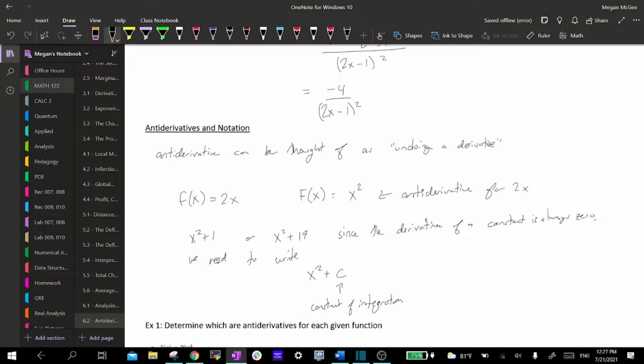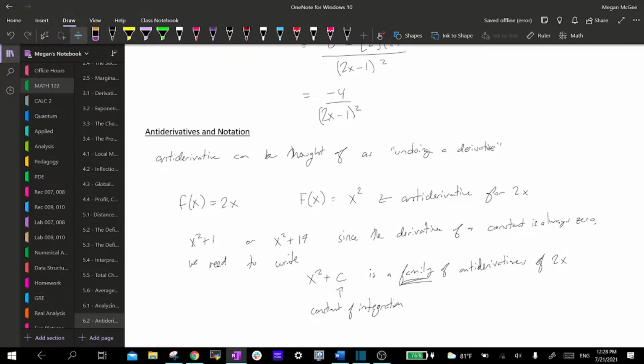And x squared plus c is a family of antiderivatives of 2x. Okay? Emphasis on family there. So essentially, we have an unlimited number of options of antiderivatives. All right? X squared plus any constant is an antiderivative of 2x.